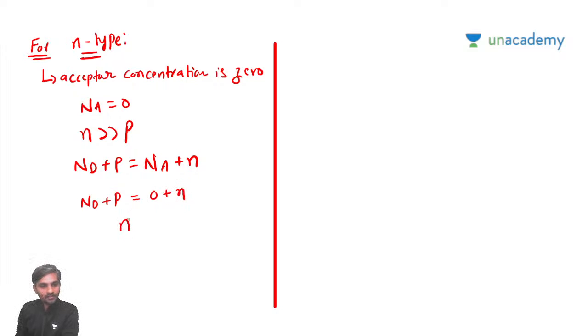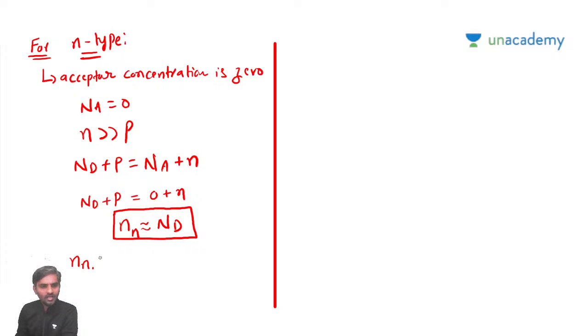Anyway, this n is very high when compared with p. So what you can write, sir? n is approximately equal to Nd. I can call this the electron concentration in the material, right?